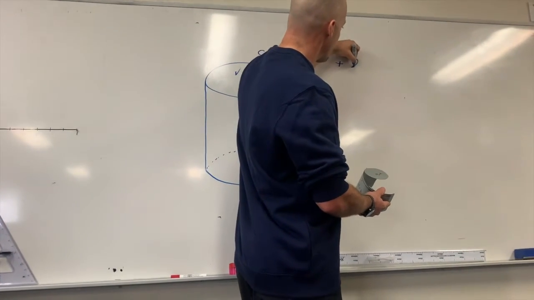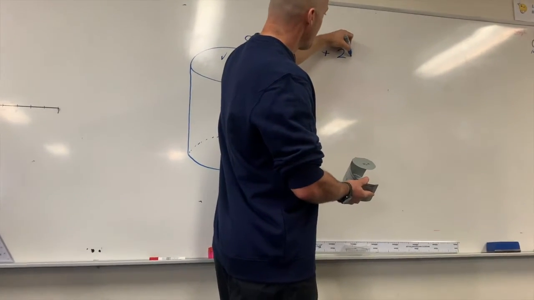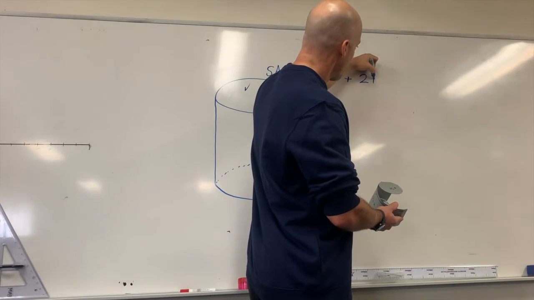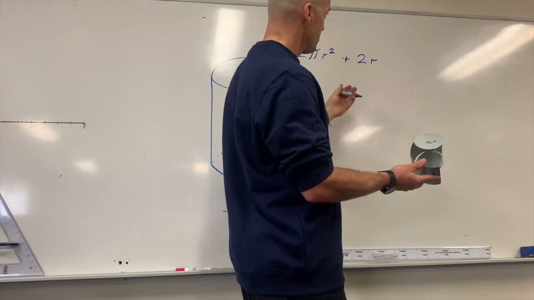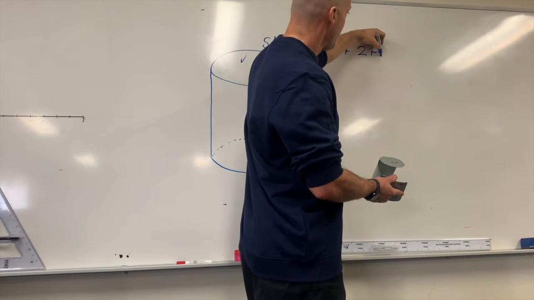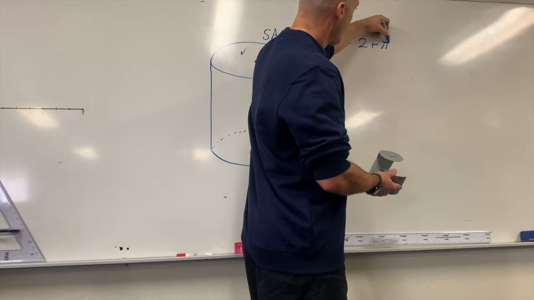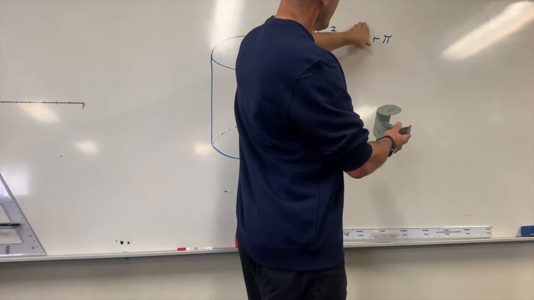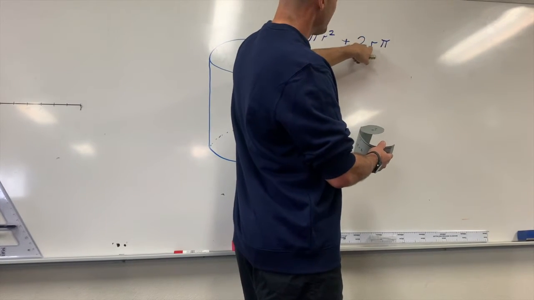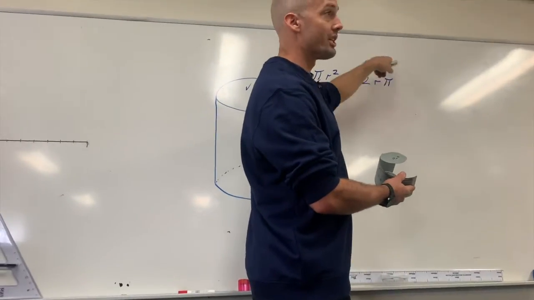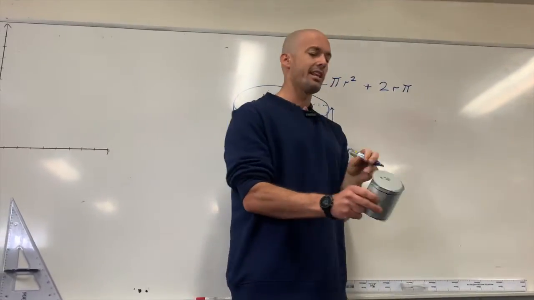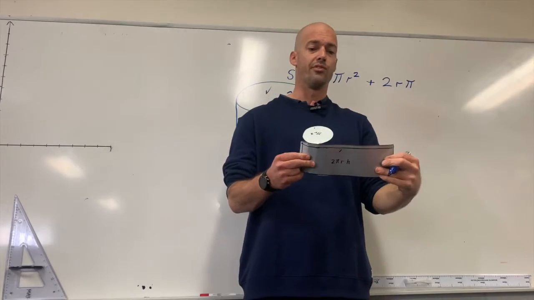So we say 2 times radius, and then it's times pi, because 2 times the radius makes the diameter, and the diameter times pi makes the circumference. So that would give us the length of the rectangle.